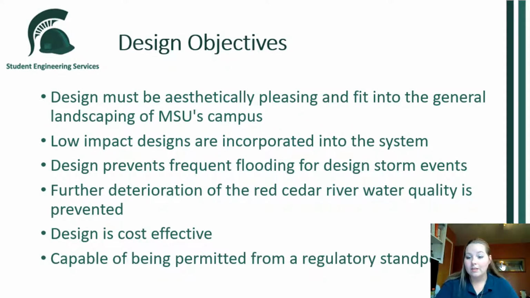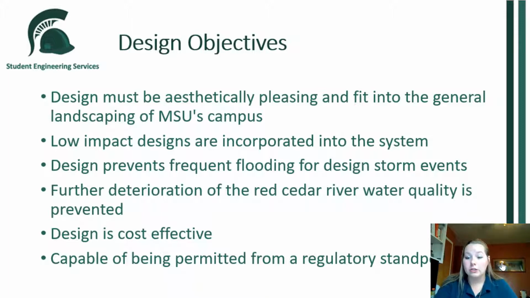These design objectives play a major role in the decision-making for this project. For example, low-impact designs must be aesthetically pleasing and fit into the general landscaping of MSU's campus. They also must be methodically placed so that they are directly incorporated and integrated into the stormwater management system and storm sewer design.